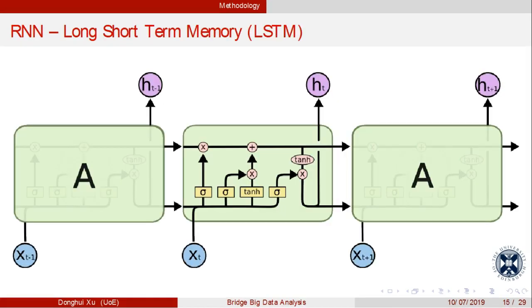Another type of neural network I want to mention is the recurrent neural network. It's different from the traditional artificial neural network because the output of the hidden layer will feed back to itself, so that the information in the hidden layers will persist.